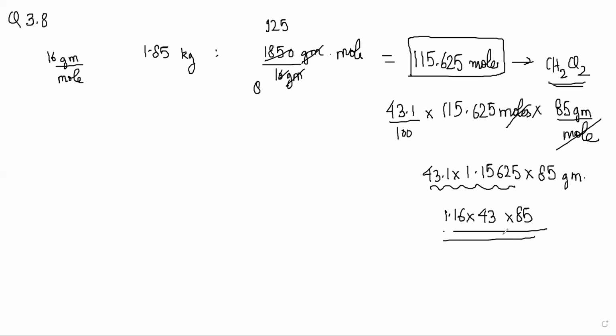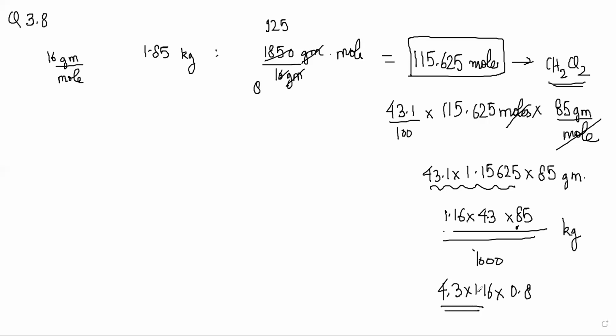So just multiplication, right? If you divide by 1000, you will get the amount in kgs. So divide by 1000, and this will become 4.3 into 1.16 into 0.85, right?